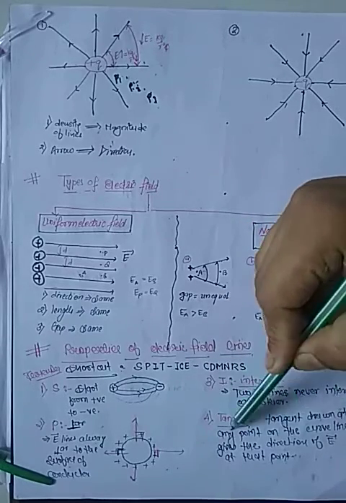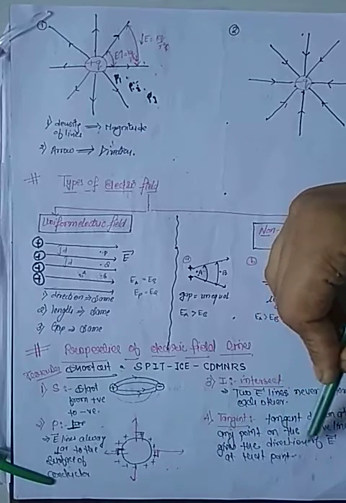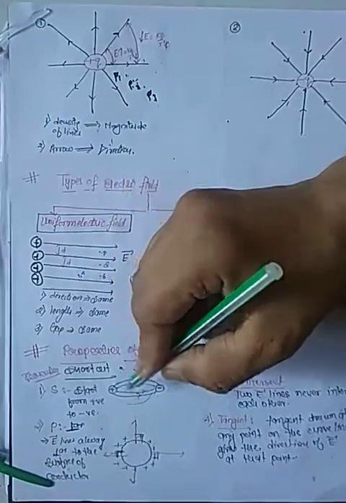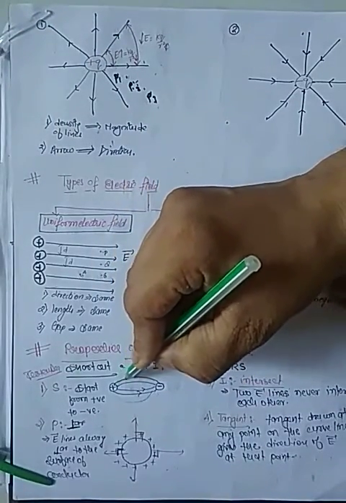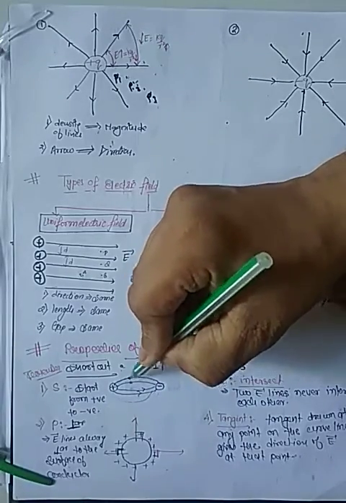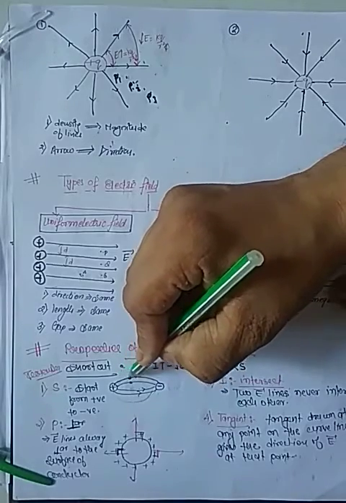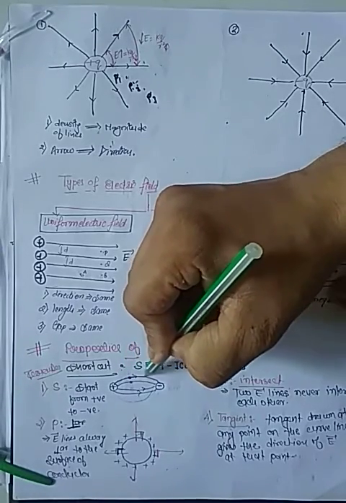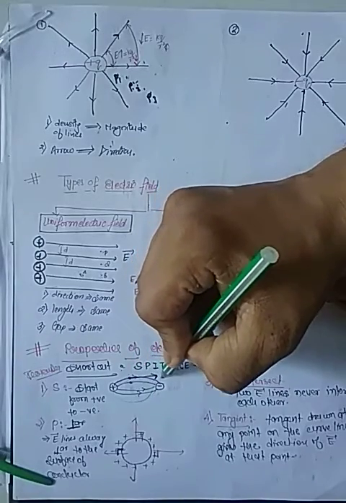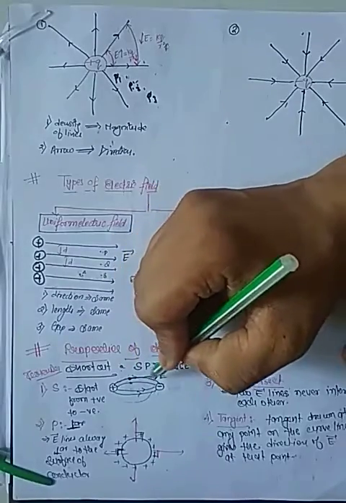Now the fourth one, T, is for tangent. A tangent drawn at any point on the curved line gives the direction of the electric field at that point. Suppose this is an electric field line and I draw a point here. If this is a curve, I draw a tangent through it. This tangent gives the direction of the electric field, but only for this particular point.